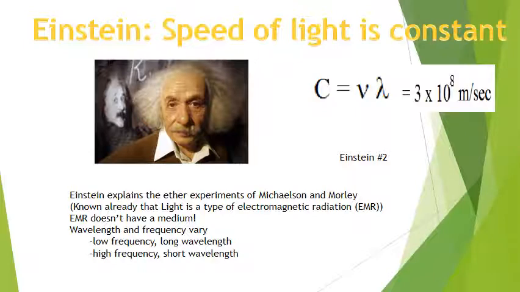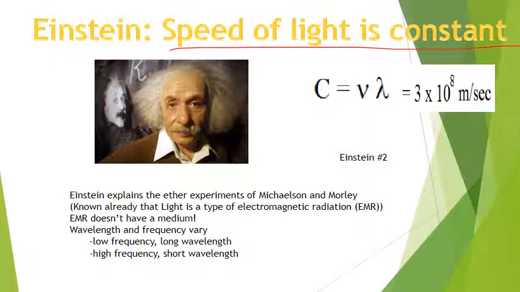All right. Now, before we move on to the next thing, let's talk about Einstein a little bit. We'll come back to Rutherford's idea, but Einstein, in one of his Annus Mirabilis papers, the theory of relativity, said that the speed of light is constant.